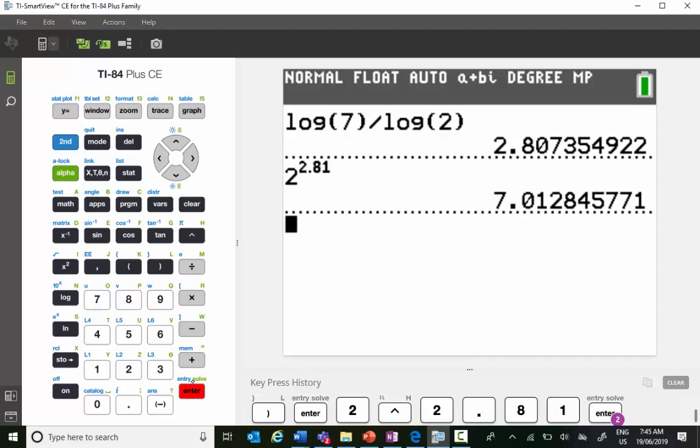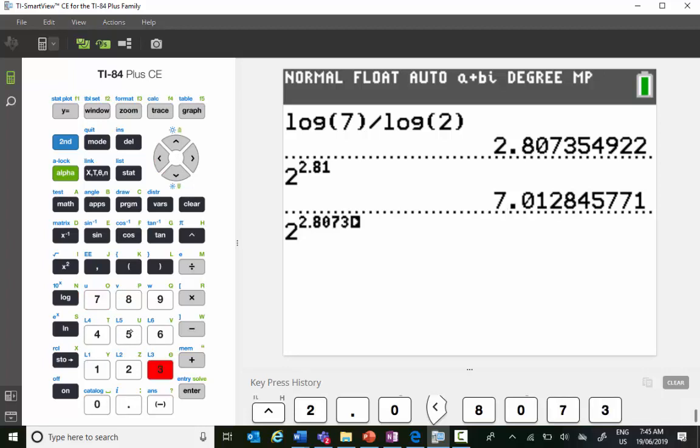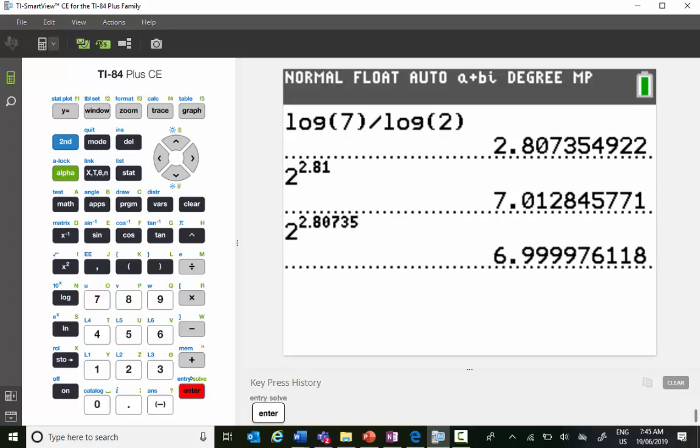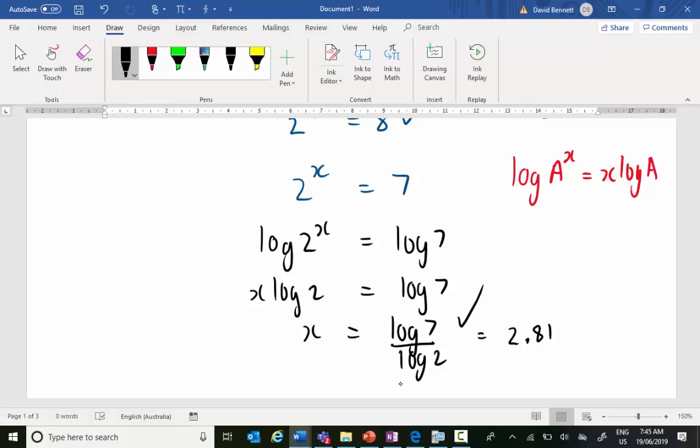I could make it better by saying 2 to the power of 2.805. If I did that, I'm getting pretty close to it again. Get the idea? So the most accurate way of writing it is in terms of logs, but I can actually estimate by doing that, and that's close enough for most things.